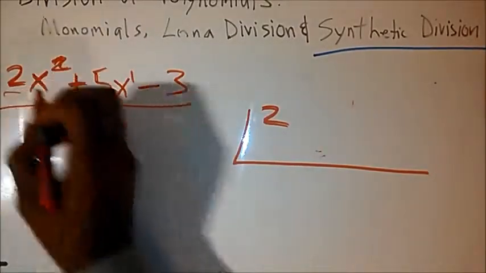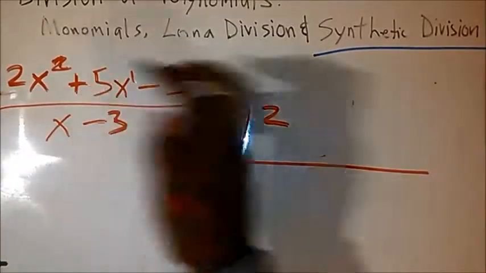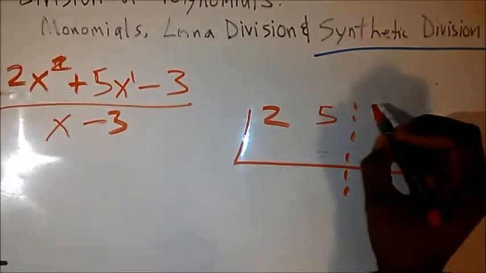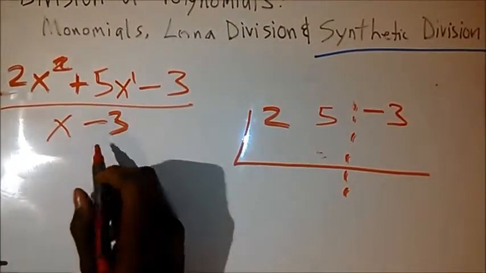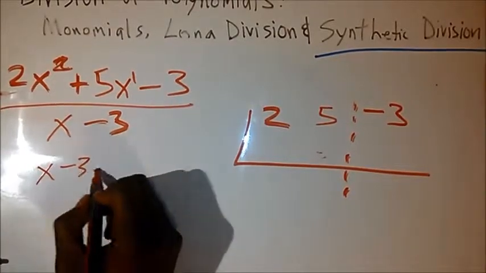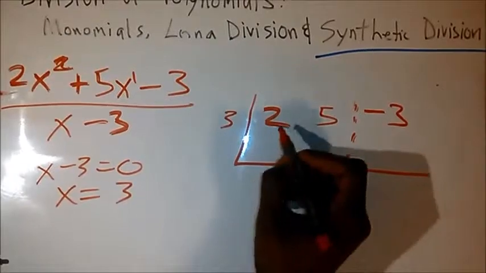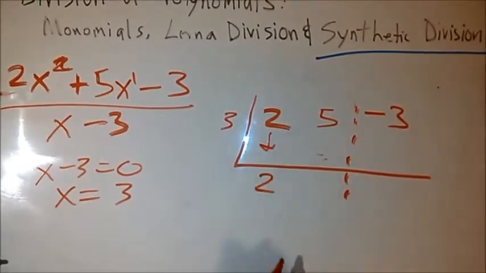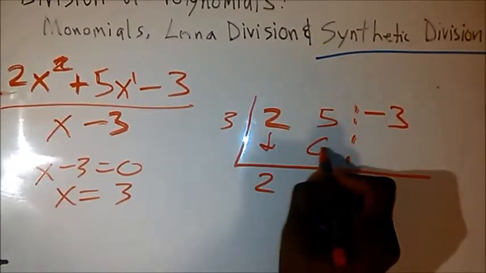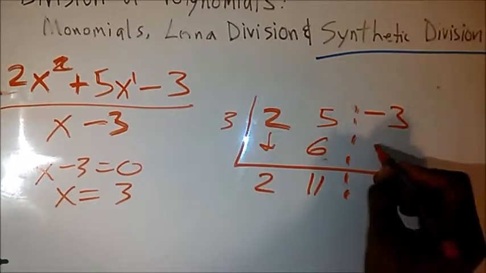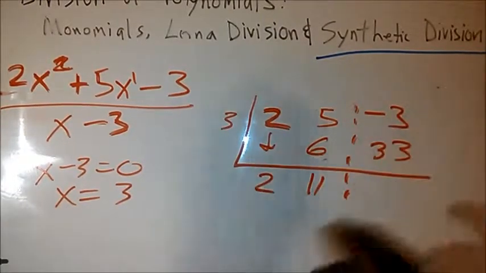So we have 2 here, and we have a 5 here, and our last number will be over here, -3. And we're going to take this x minus 3, set it equal to 0, and solve for x. x will be equal to 3, put 3 here, right? Bring down your 2. Now, 2 times 3 is equal to 6. 5 plus 6 is equal to 11. 11 times 3 is equal to 33, right?